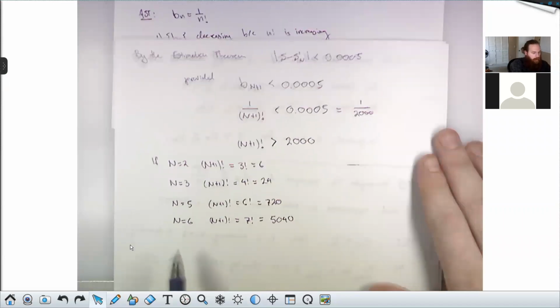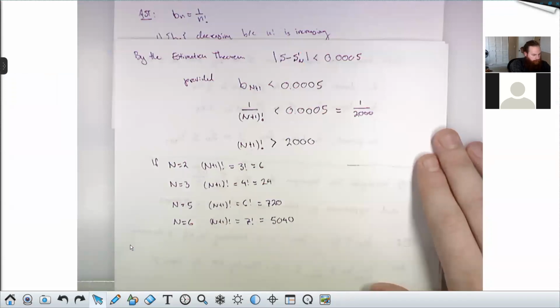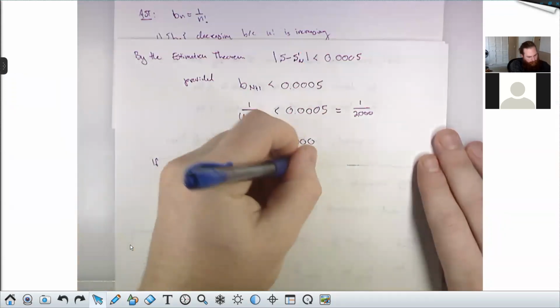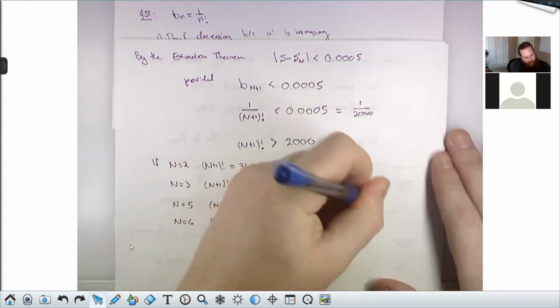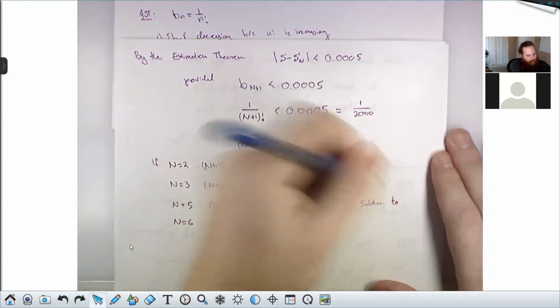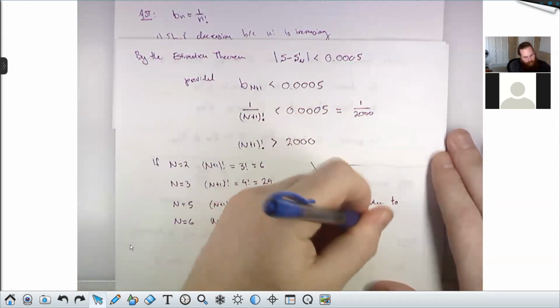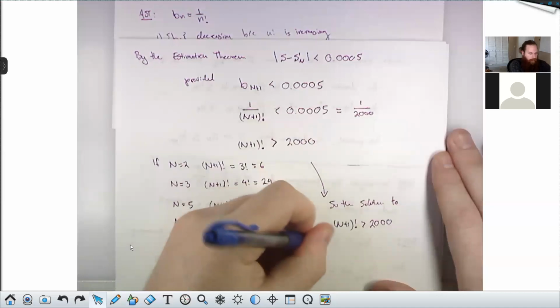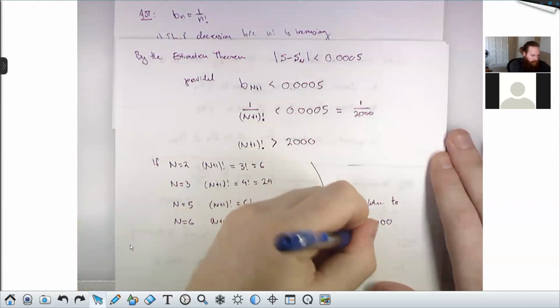So the smallest integer n for which n plus 1 factorial is greater than 2000 is n equals 6.